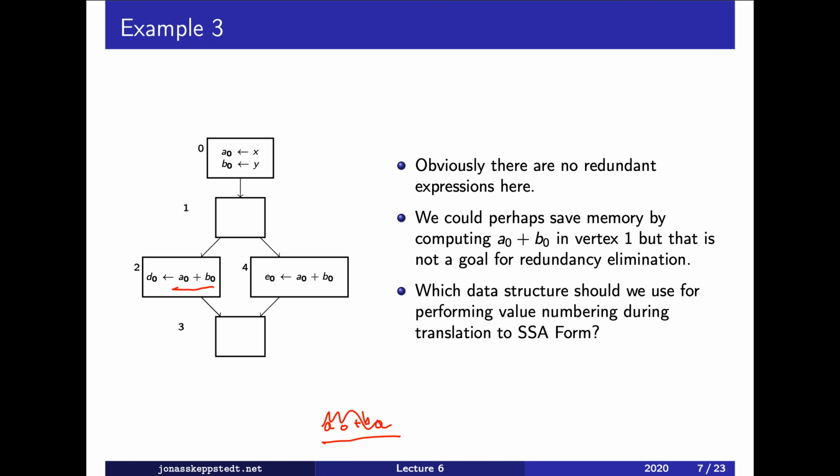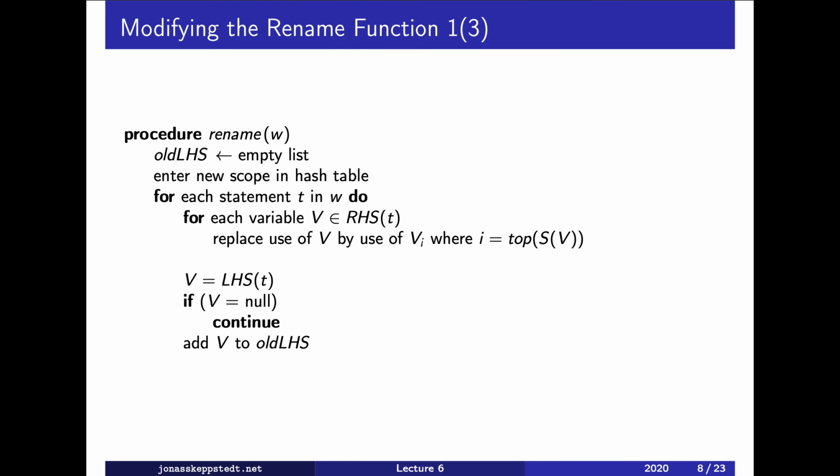I'm sure you agree. Okay, so what should we do with the rename function? When we come to a new vertex, we enter a new scope in a hash table. That means basically creating a new hash table and pushing it on a stack.